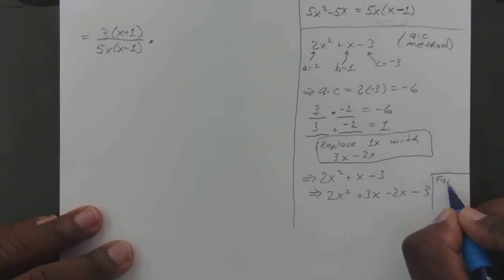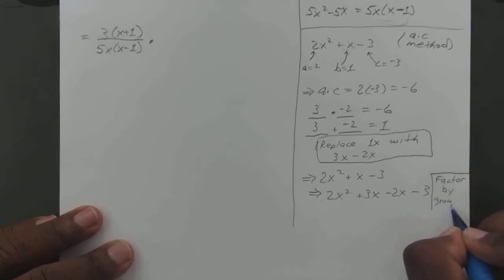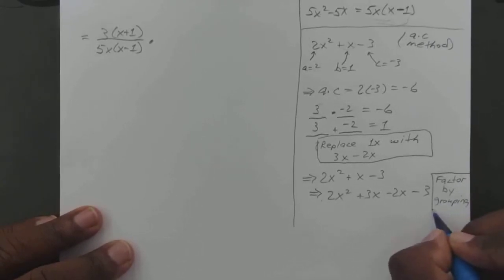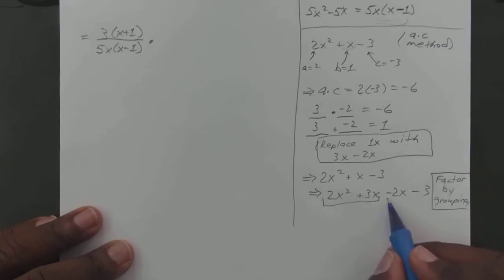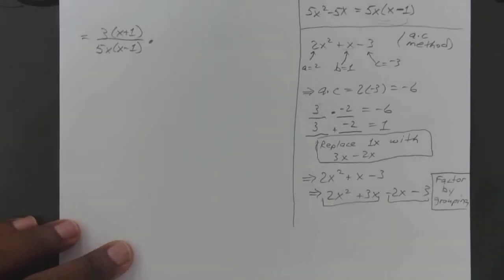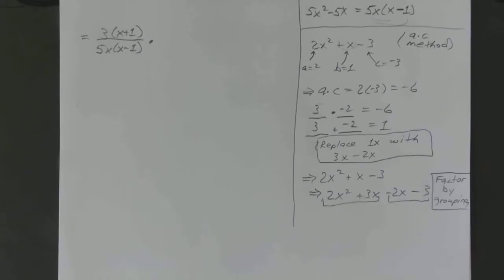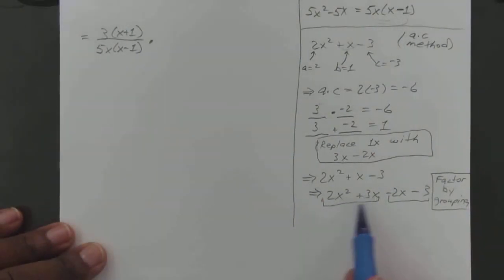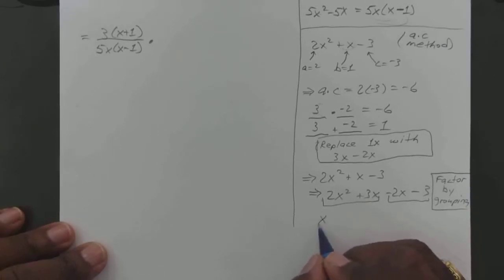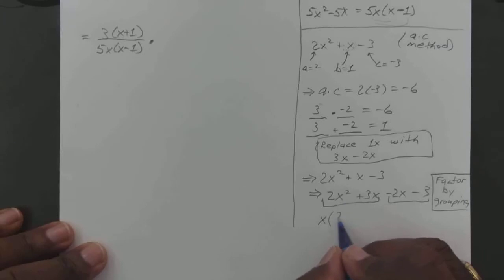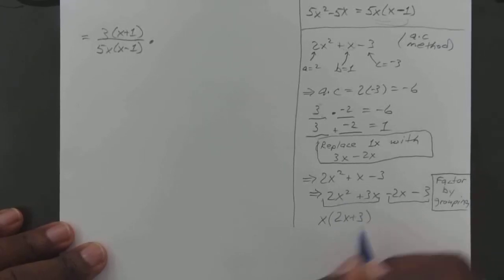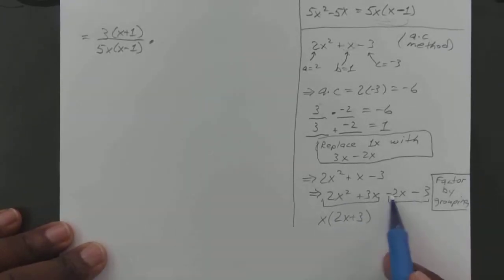Okay, so factor by grouping. Remember, when you factor by grouping, you just take the 4 terms and make 2 smaller groups. So if we factor an x out of both of those, we get x times 2x plus 3.